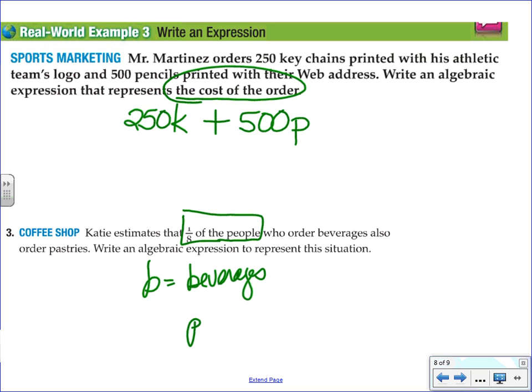So how would we represent the people that order pastries? 1/8 of B, right? These are the people that order beverages. These are the people that order pastries. And if you wanted to think about how many that is altogether, you would say 1/8 B, which is the people who order the pastries, plus B, the people that order the beverages.